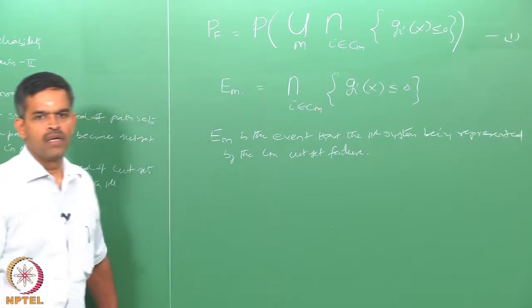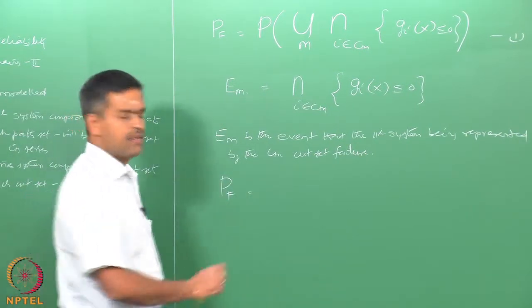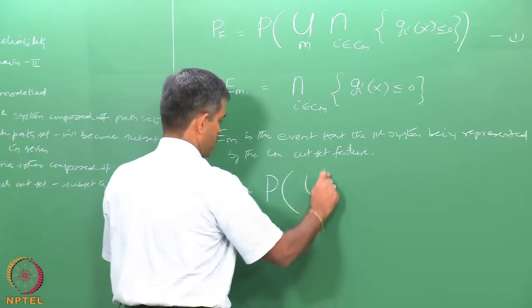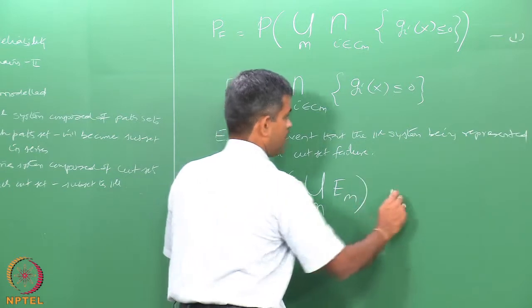Okay. So, therefore, the probability of failure, as we said, is the probability of the union over m of Em, because Em is now the event.